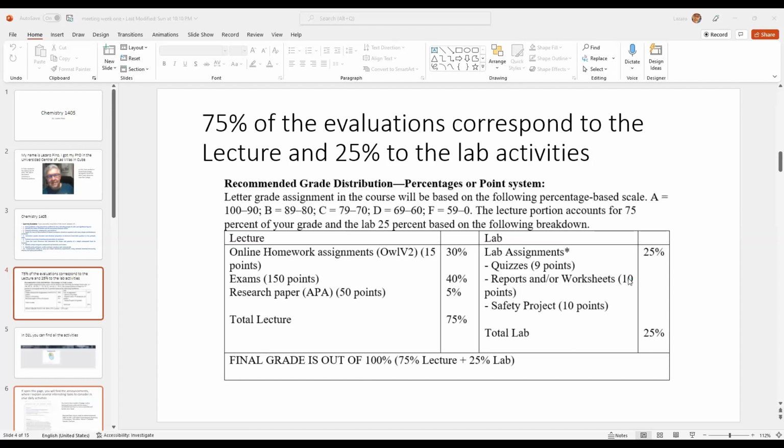And each one is 10 points. And at the beginning, this week, you are going to begin with a safety project that is 10 points. As you can see, 25% of the total evaluation corresponds to the lab.